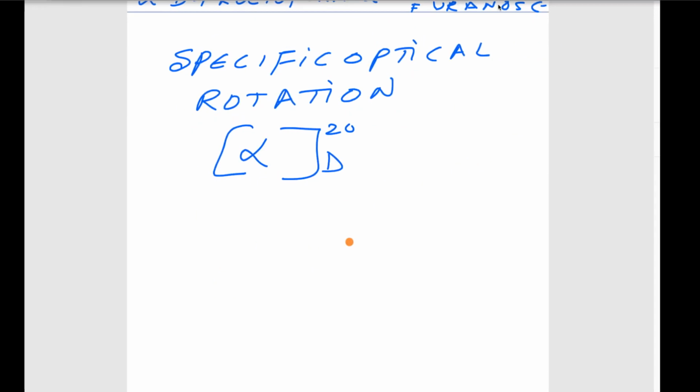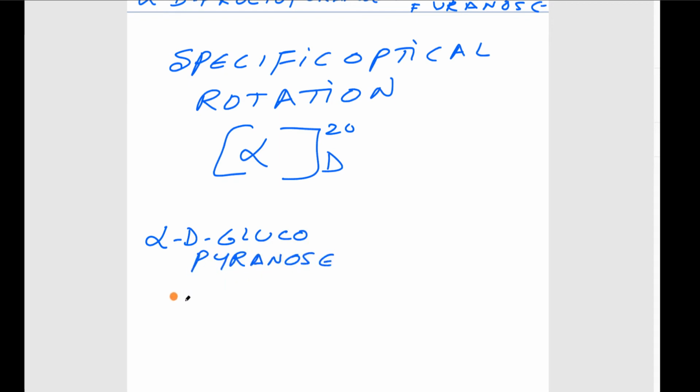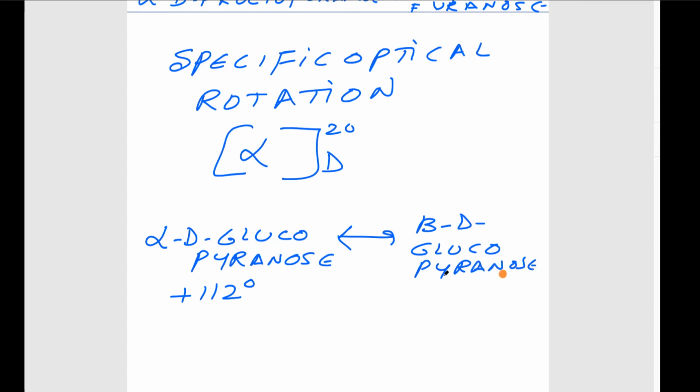Suppose you take alpha D glucopyranose, its specific optical rotation is plus 112 degrees. This can be converted to beta D glucopyranose. Its specific optical rotation is plus 18.7 degrees.